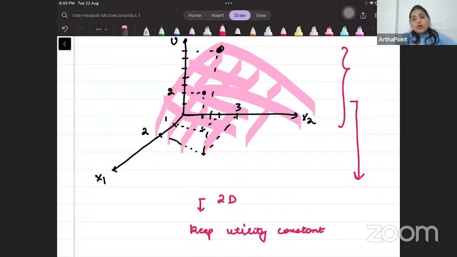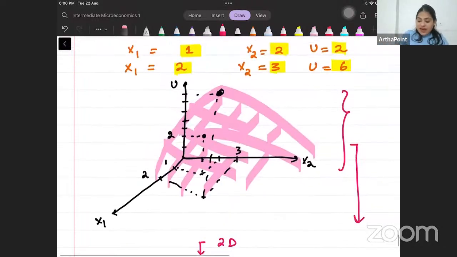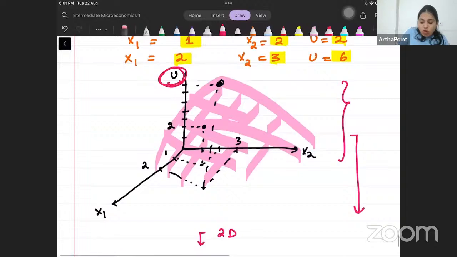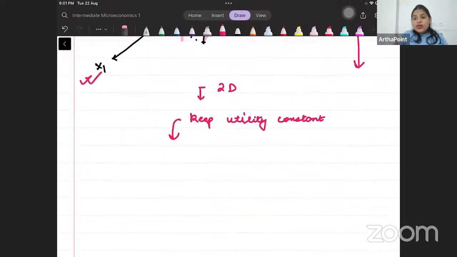So beta, when you hold utility constant, then as you fluctuate the consumption of two goods, when you keep the z axis constant, जब मैंने इसको constant ही रख दिया और फिर मैंने ये दो axis को fluctuate किया, what I get is a 2D diagram, and that is called as a level curve.